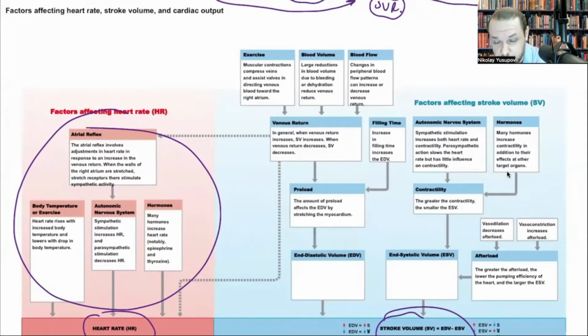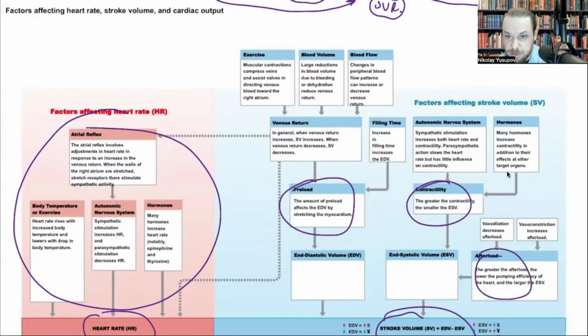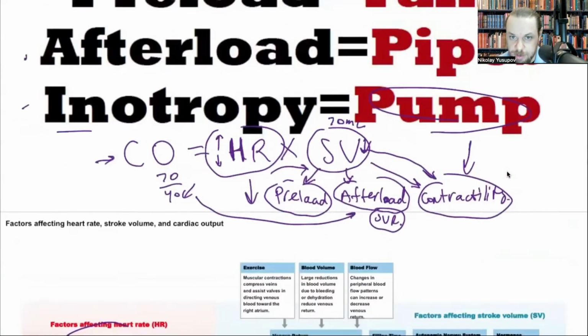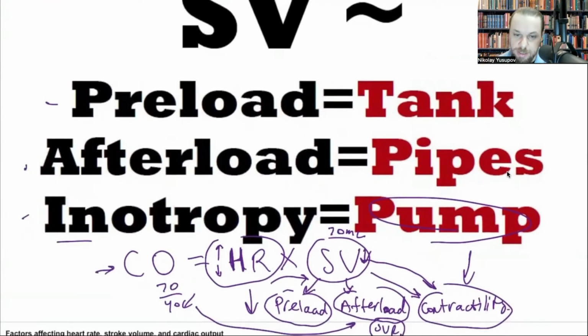Which was the preload, which was the contractility, and it was the afterload. So here they make it a little complicated with these arrows, but bottom line is it's this. If you understand this, I think you're in good shape in terms of what's affecting the stroke volume, what's affecting the heart rate, and how they impact the cardiac output together.